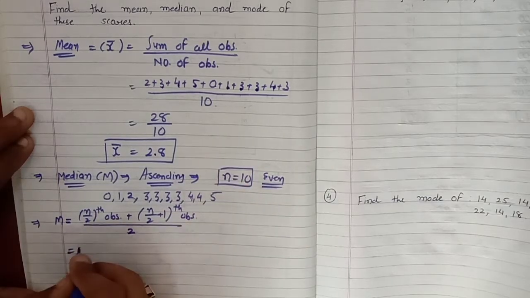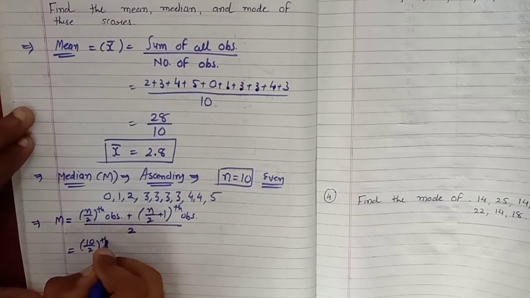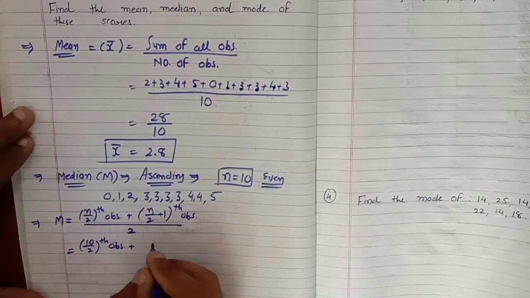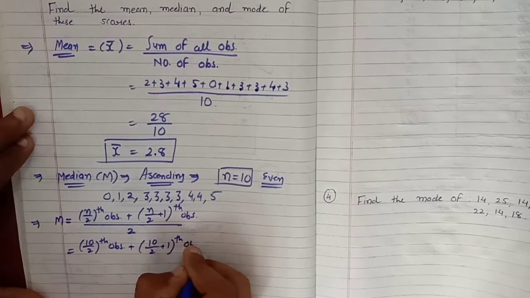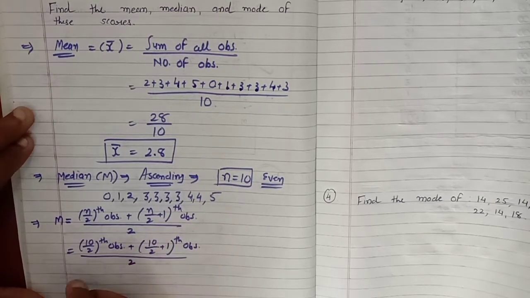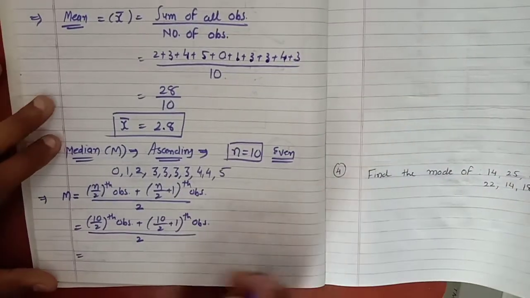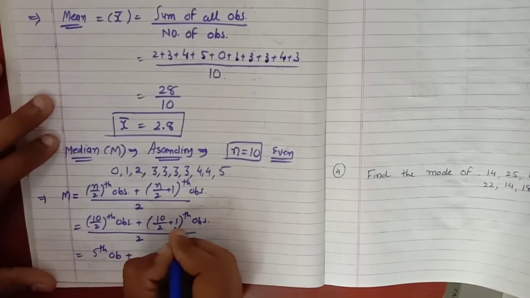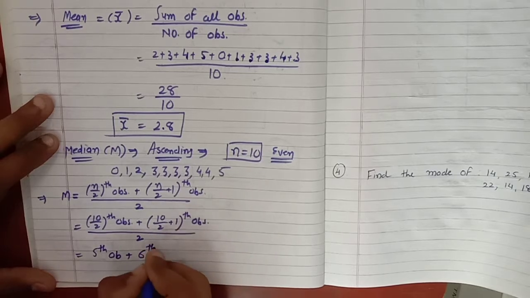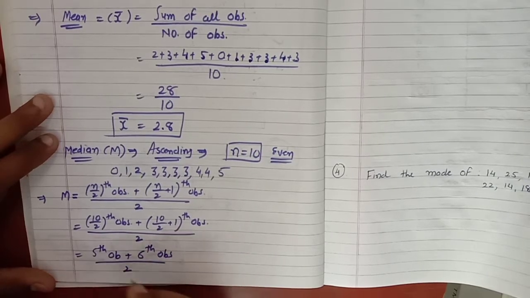N by 2 means 10 divided by 2-th observation plus 10 divided by 2 plus 1-th observation, divided by 2. 10 divided by 2, you get the 5th observation, plus 5 plus 1, 6th observation, upon 2.